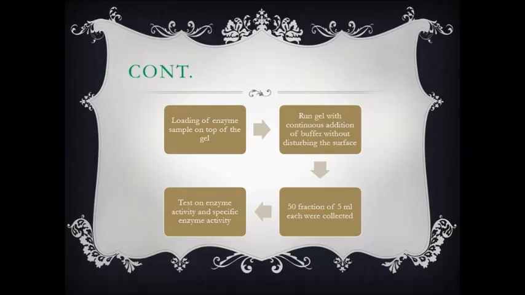Amylolytic activity and protein content were determined for each individual fraction. Sharp peaks of fractions obtained after applying the Sephadex G200 column were collected and investigated for the properties of the partially purified alpha amylase enzyme.